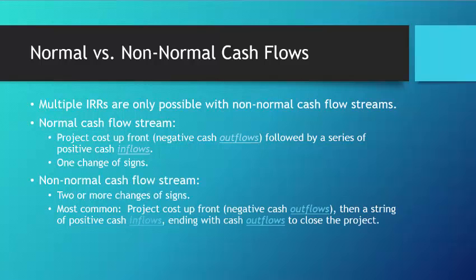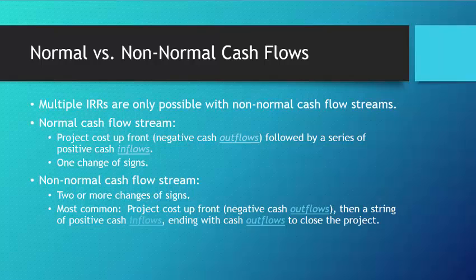A non-normal, non-conventional cash flow stream has two or more changes of signs. So you could have a negative, a positive, a negative, a negative, positive, positive, positive, positive, or you could have any set of different changes. The most common in real life is where the upfront costs are negative, therefore there's a net outflow at time 0.